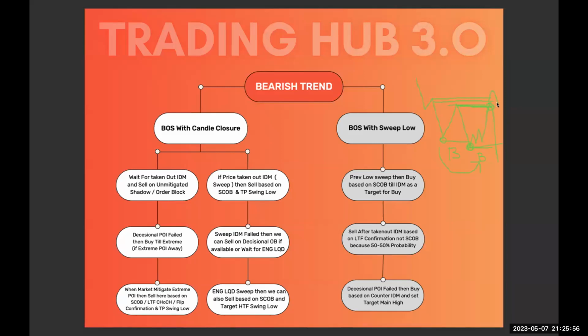This one is failed, and then you have to buy here and target this high. Right. Why? Because low sweep here and probability market can reverse to the upside. So you have to target the main high here.